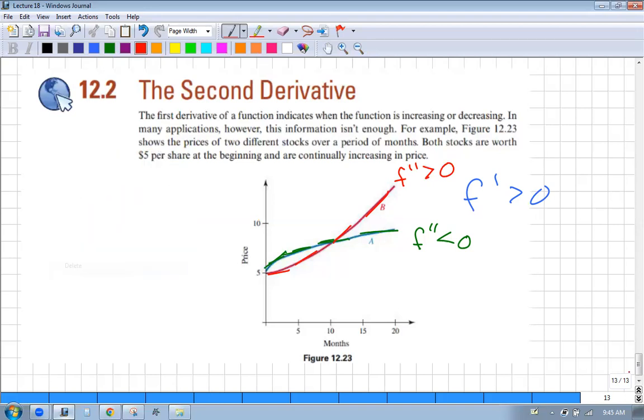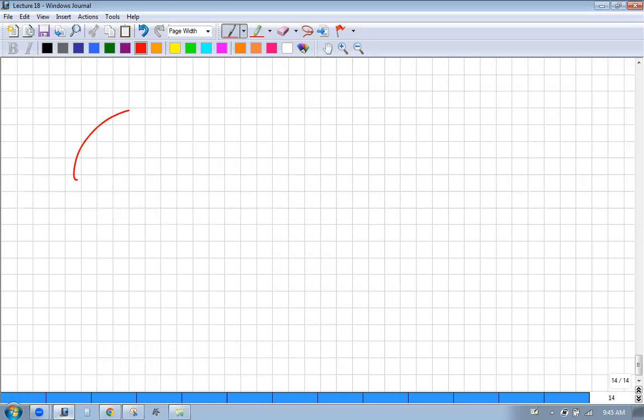Okay, so let's look at this guy. The slope is positive, less positive, less positive, 0. So it's even less, even less. Everywhere here, the slope is decreasing.